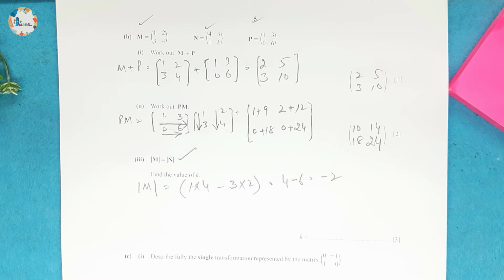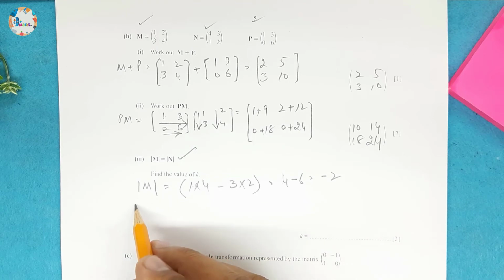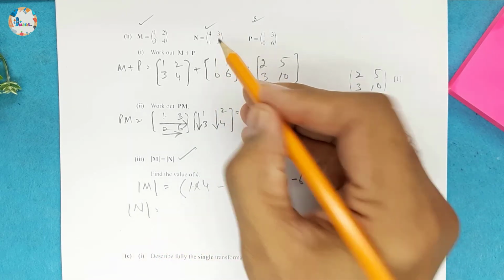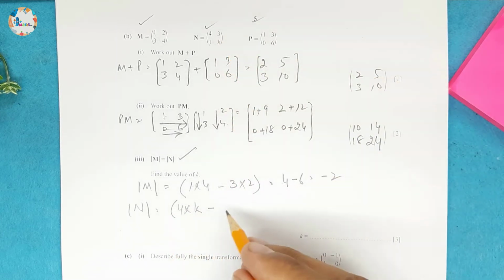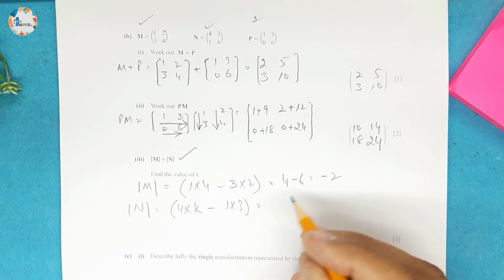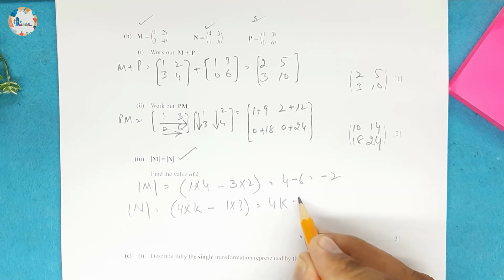So after finding this one, now we can find n mod, and n mod is equal to 4 into k, 4 into k minus 1 into 3. So 1 into 3, this will be equal to 4k minus 3.